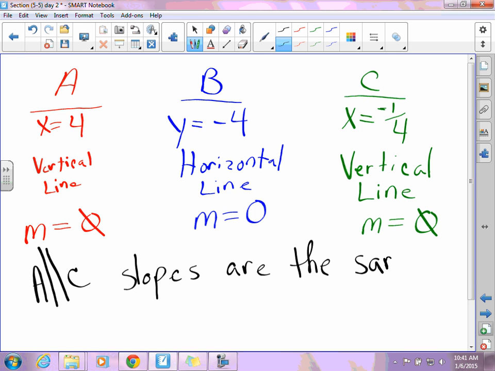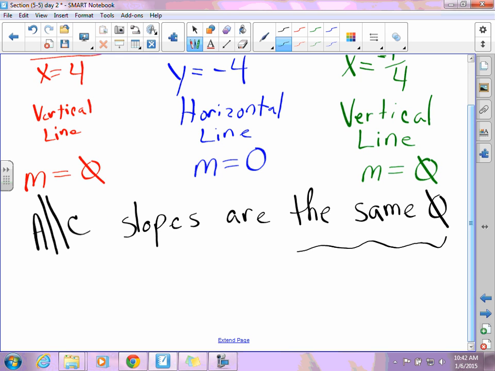All right. Perpendicular. Are there any lines that are perpendicular? Yes. Which ones? A is perpendicular to B. And B is perpendicular to C. And why?